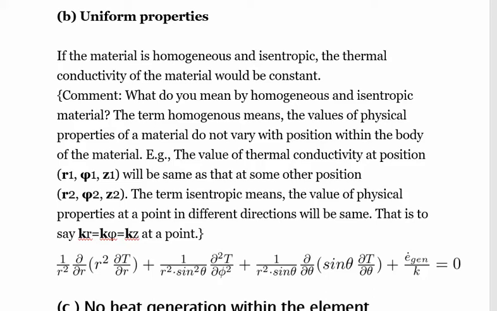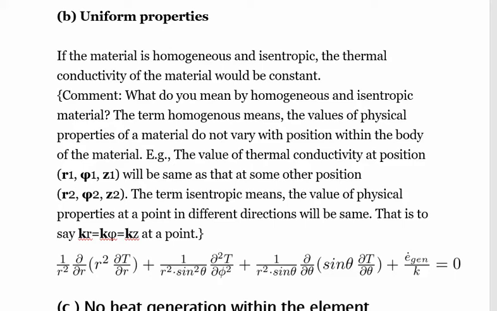That means the value of a physical property of a material does not vary with the position within the body of the material. For example, the value of thermal conductivity at position r1, phi1 and theta1 will be the same at the other position r2, phi2 and theta2.